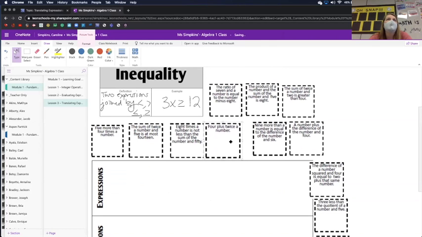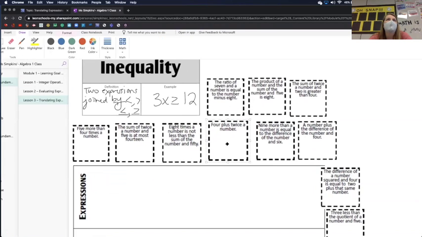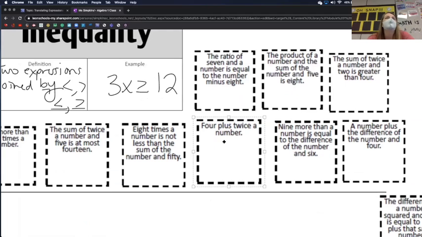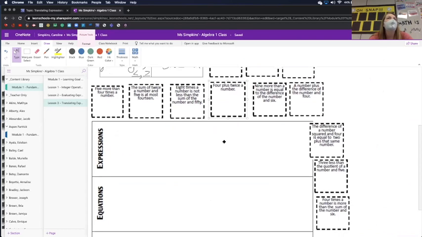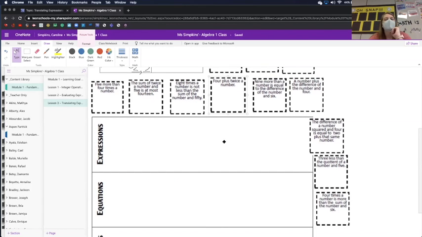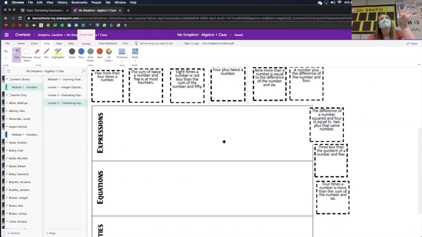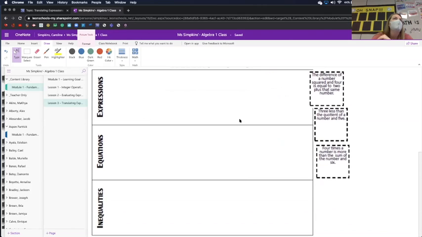So this one says, could someone read that one to me? It says 4 plus, sorry, I can read it now, twice a number. Would that be an expression, an equation, or an inequality? I'm not going to tell you. You need to decide with your group where that belongs. And there should be 4, because there's 12 of those boxes. You should end up with 4 of them in each of those categories.